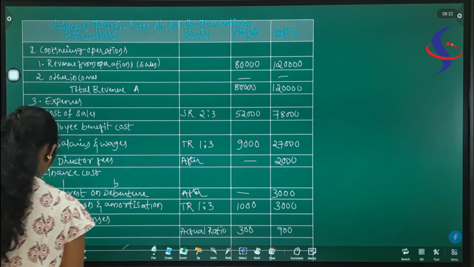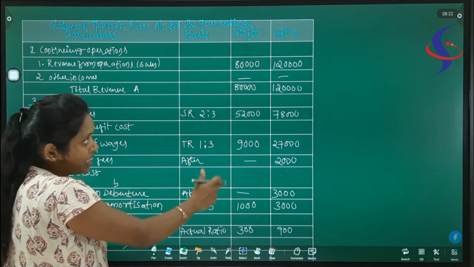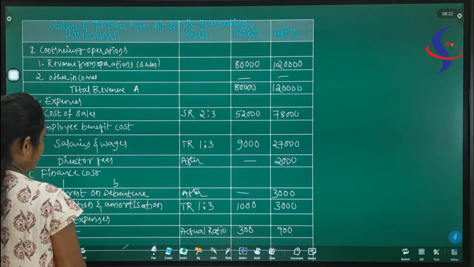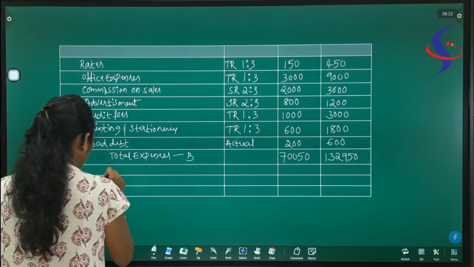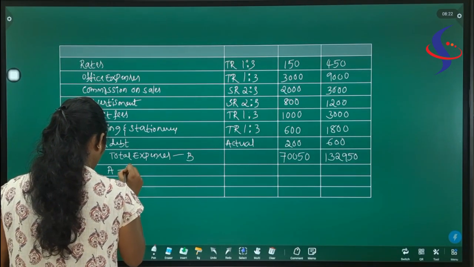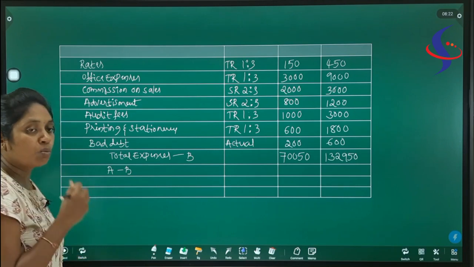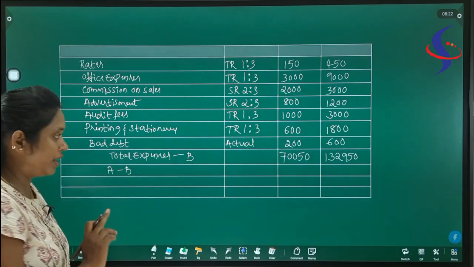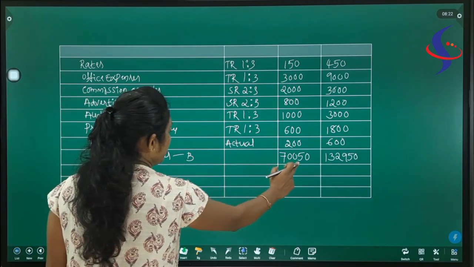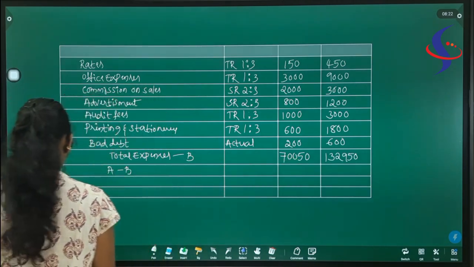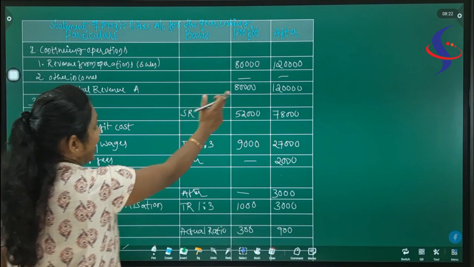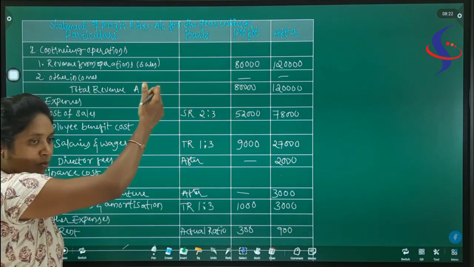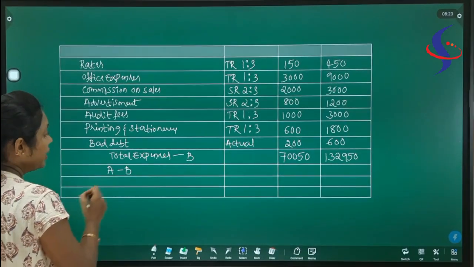Now we have to do A minus B for prior period as well as after period. A minus B. When expense is more, you'll get loss. When income is more, you get a profit. So what is the expense of prior period? 70,050 and income is 80,000. Then obviously income is more. For prior period, you get profit.